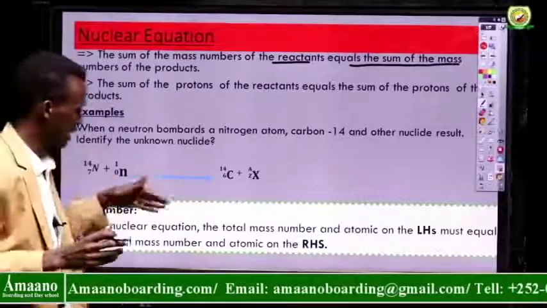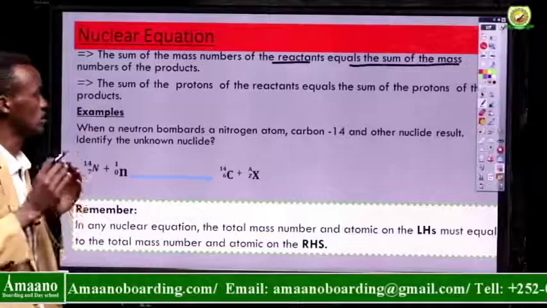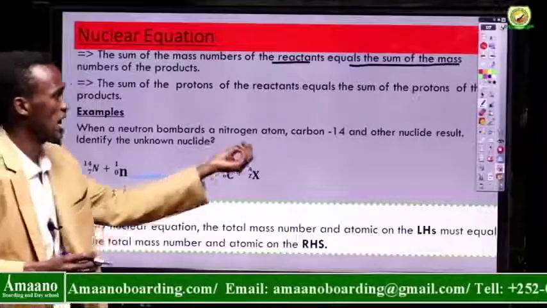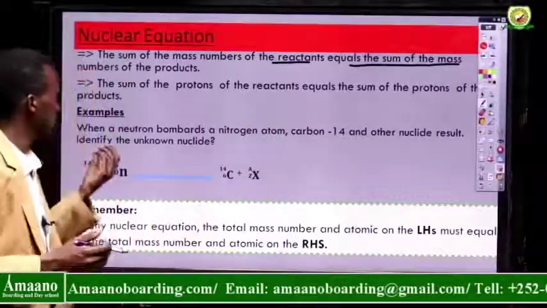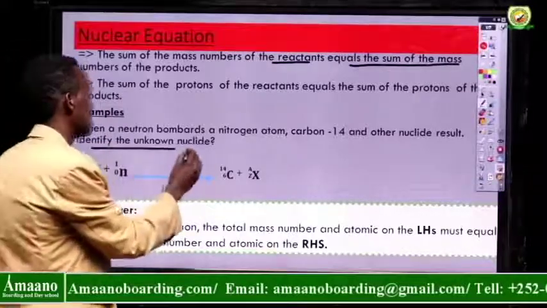Let's see an example. When a neutron is bombarded into a nitrogen atom, it produces carbon-14 and another nuclear product. Identify the unknown element.